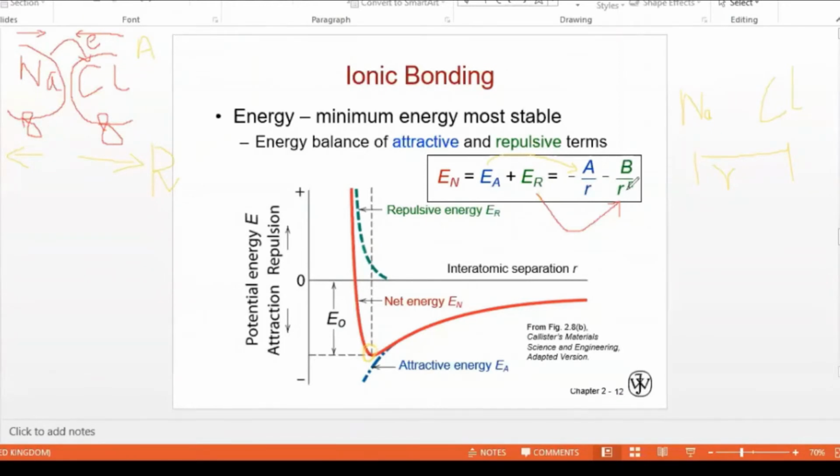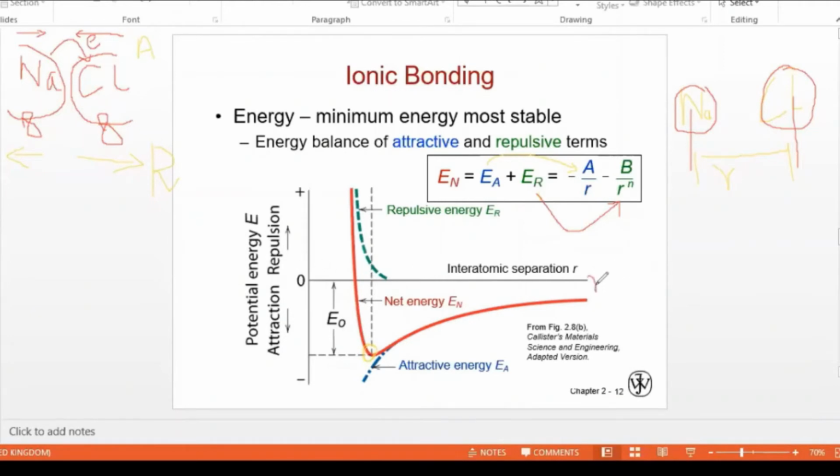Interatomic separation means the distance between the atoms of those two elements which are being bonded. Our case is sodium and chlorine. If I consider this is the atom of sodium and this is the atom of chlorine, the distance between these two atoms is R, the interatomic separation.